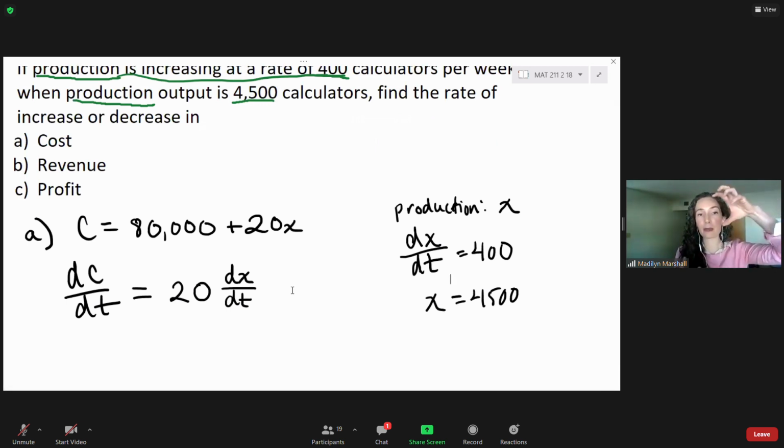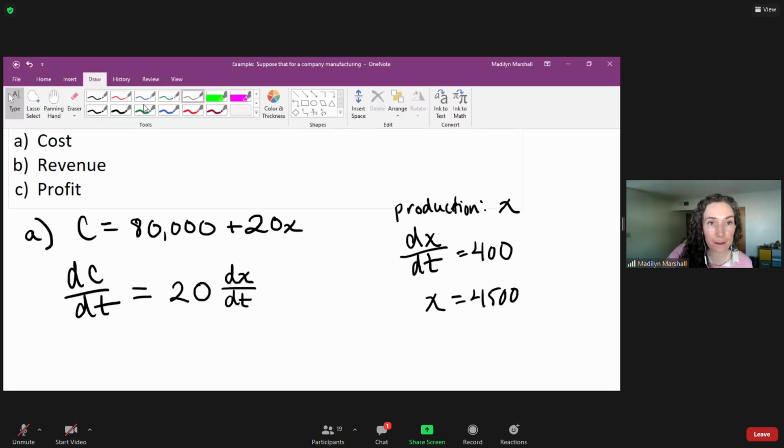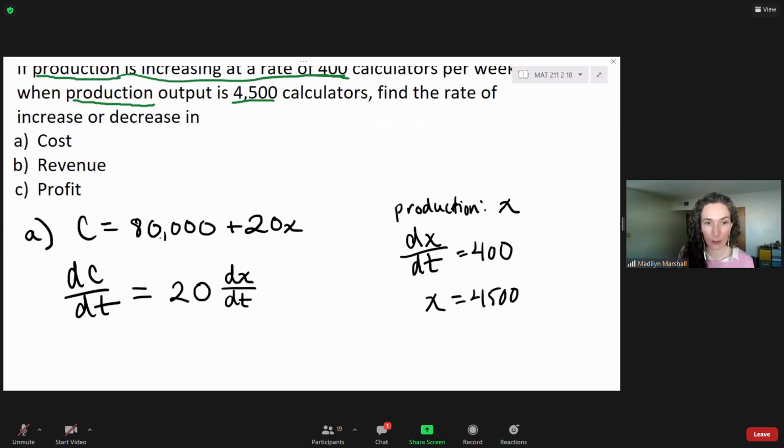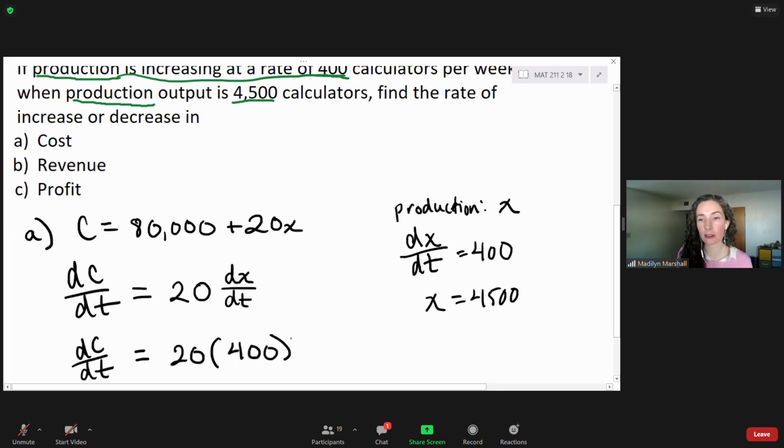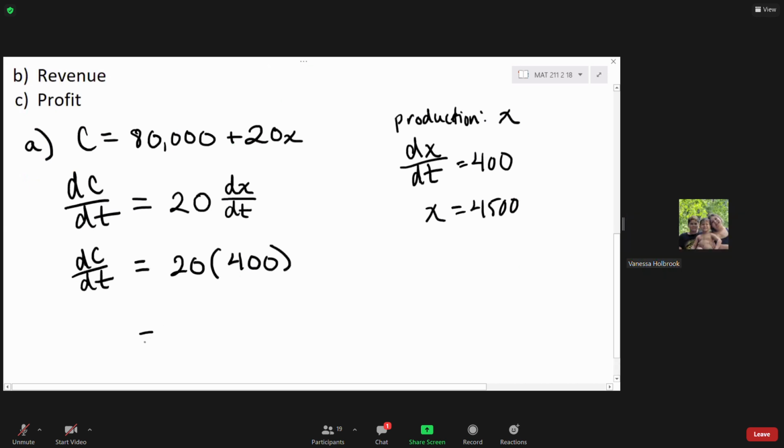So we can replace that dx dt with 400 for our particular problem. Now we have that the rate of change of cost is going to be 20 times 400. 8,000.